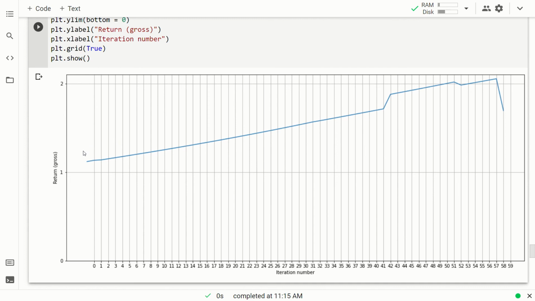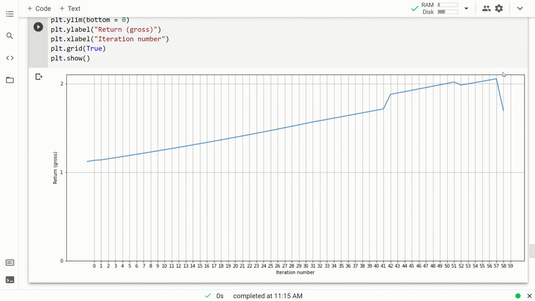And then, of course, the algorithm kept on decreasing it until we saw some non-linearity here. And here, interestingly, we have found a maximum of the return function at the 57th iteration.